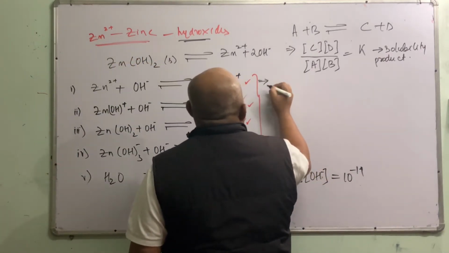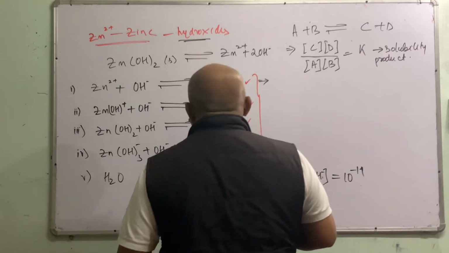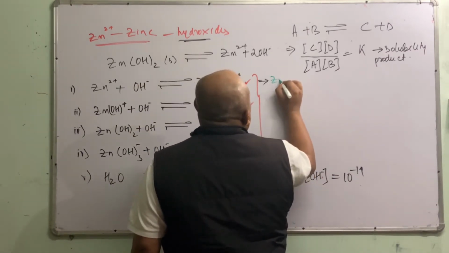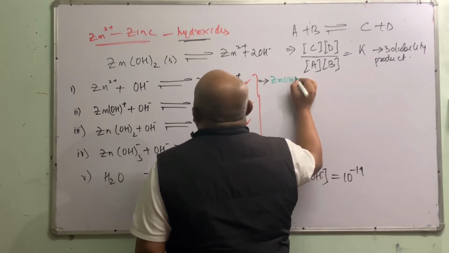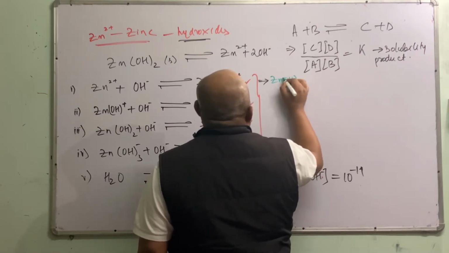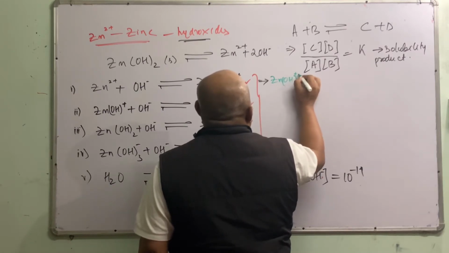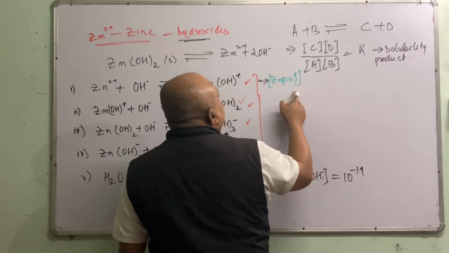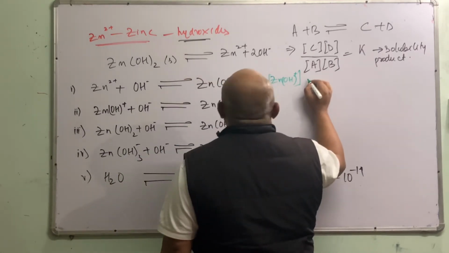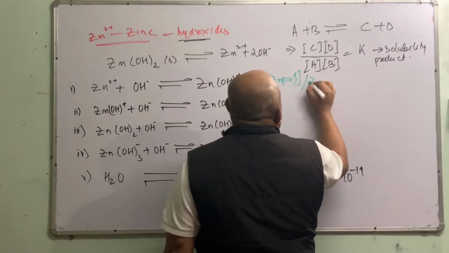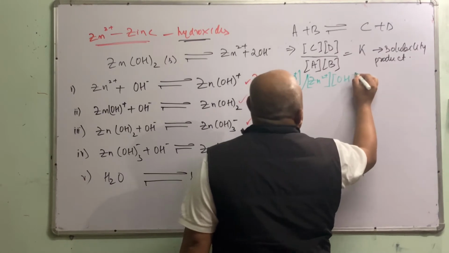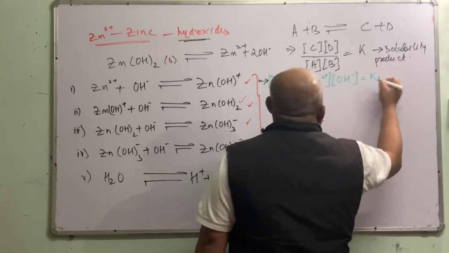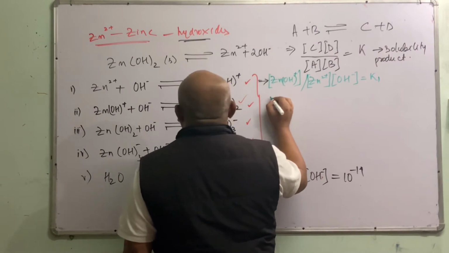So for this, what happened is, this symbol denotes the molar concentration. It's equal to K1. Okay, I'll give the value for these things.